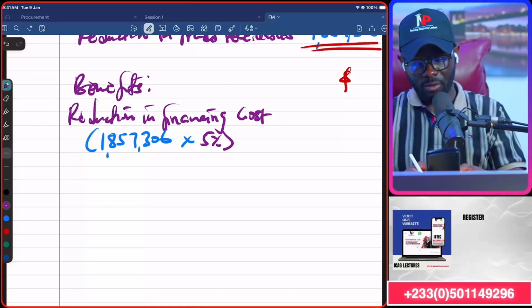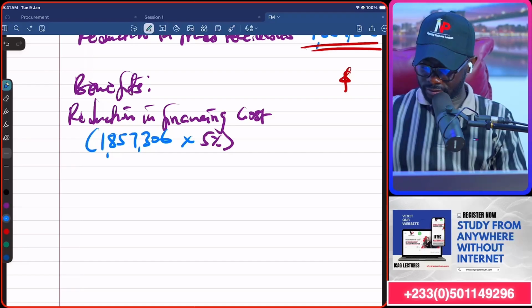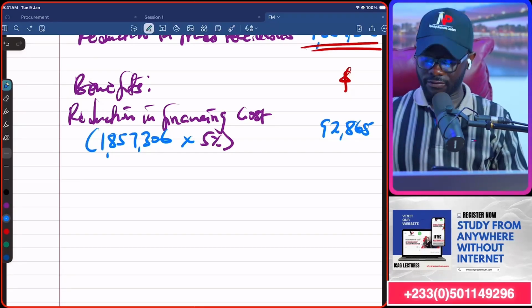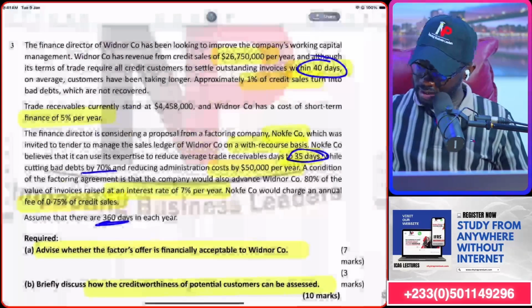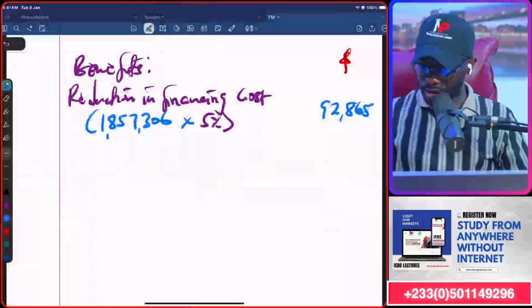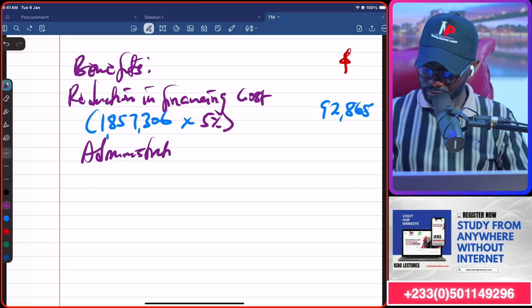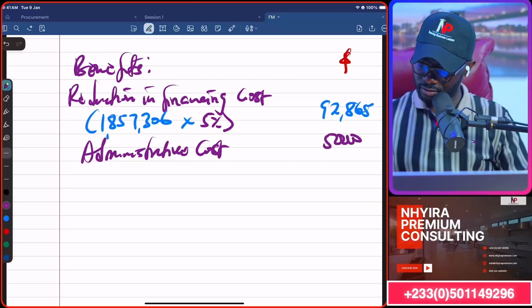So my answer by 0.05, 92,865. What other benefit will we have? The administrative cost of 50,000, we don't have to pay that again. $50,000.